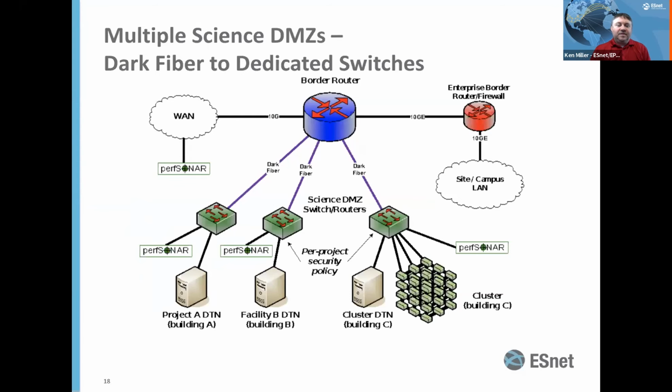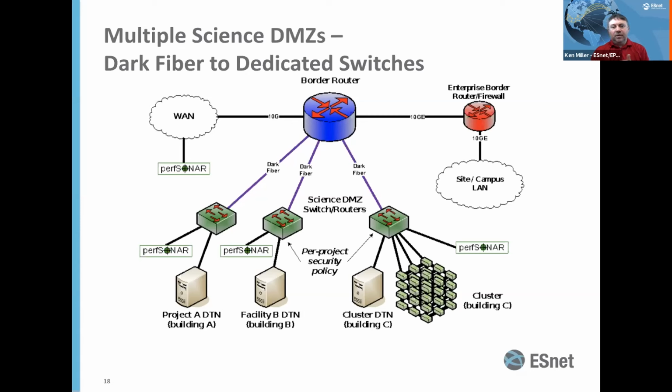Stepping a little further, you have dedicated switches on each project. So you have the border router really building multiple Science DMZs out to these individual locations. And this could be based on data compliance, data policy, really a number of ways to do this. Dedicated instruments could be something like an Open Science Grid cluster in one area of campus, and a cryo-EM in another area of campus, where you have this distributed.